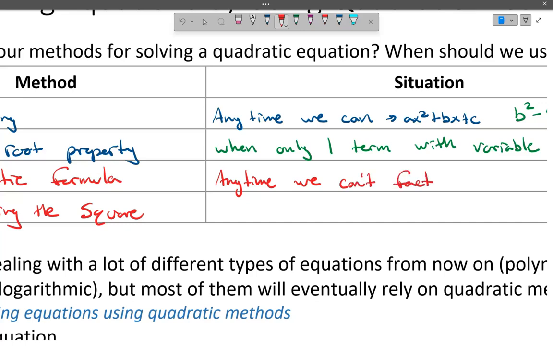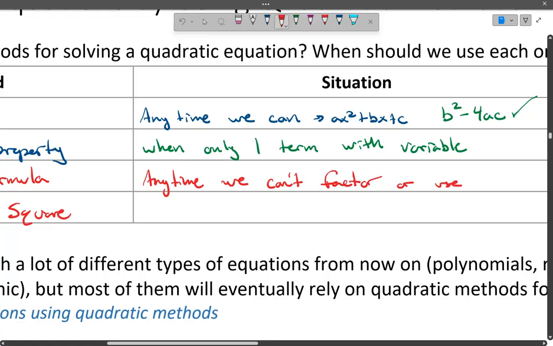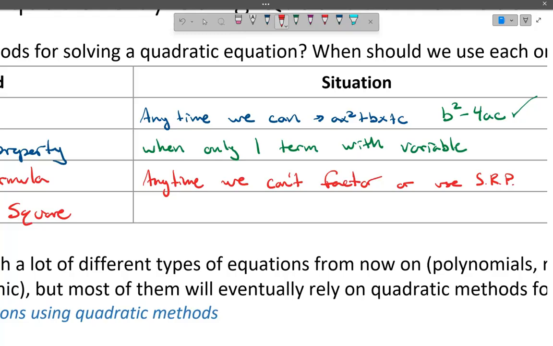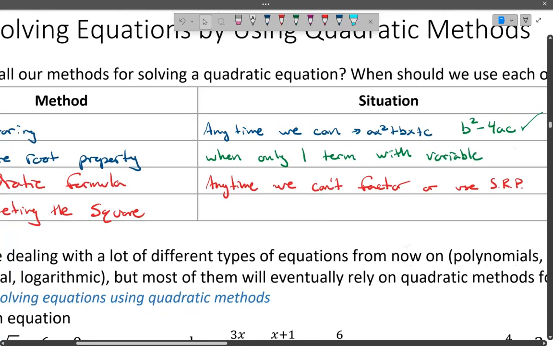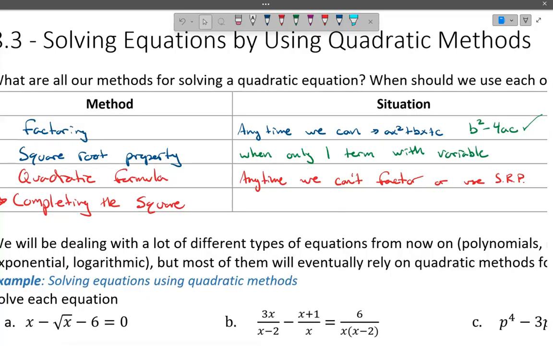So anytime that we cannot factor or use the square root property. So if our first go-to is, can I factor or can I use square root property? When both of those are no, then we use quadratic formula.